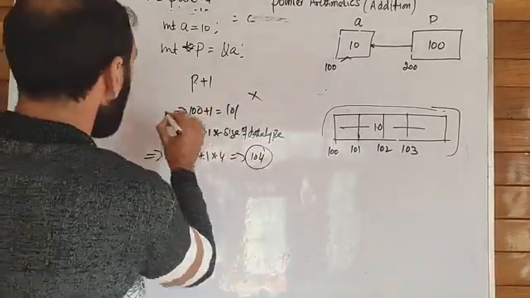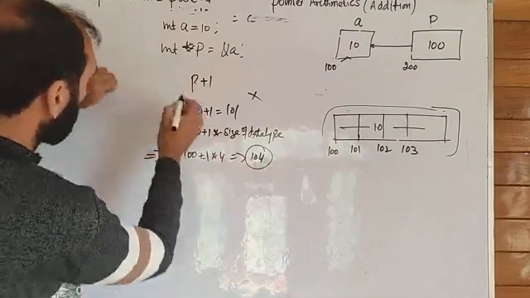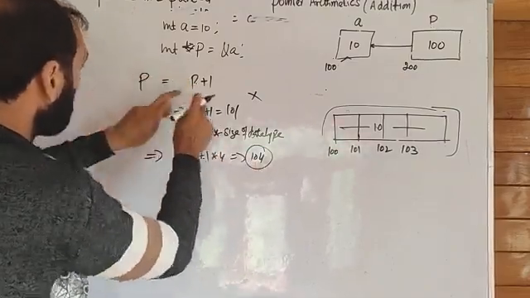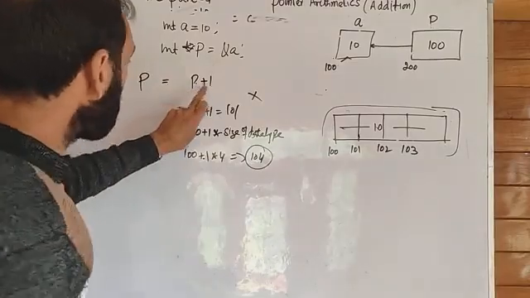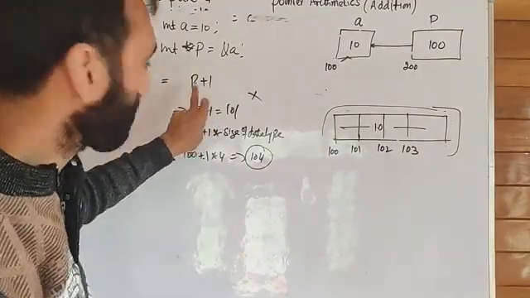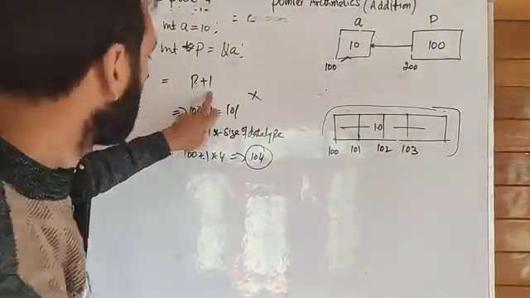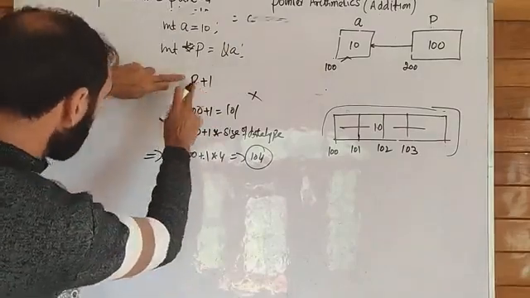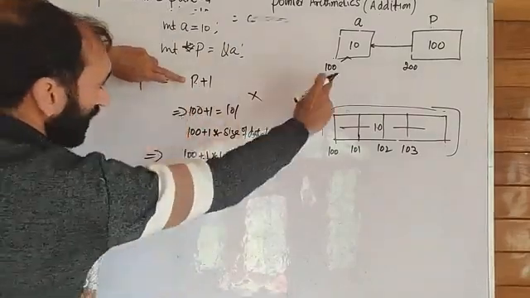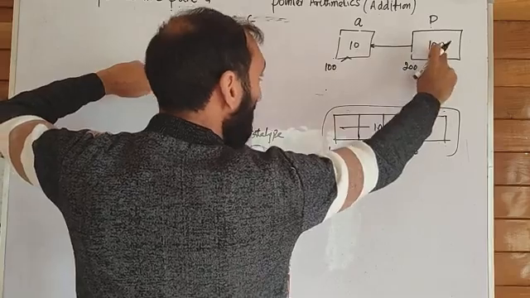That means now p is 104. If I write p equal to p plus 1, the value at p is 100.